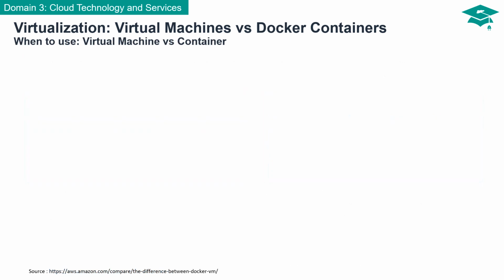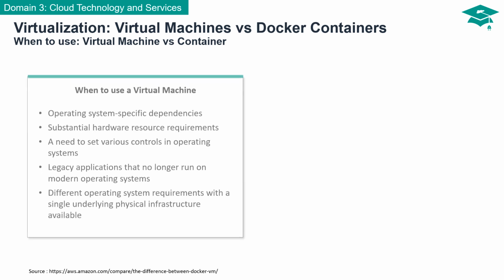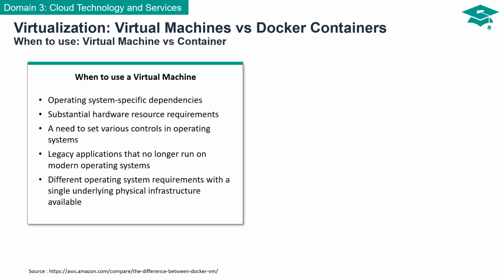So, when do you use a virtual machine versus a container? Below are some key factors to consider and the practical applications when choosing between virtual machines and Docker containers. If your application has specific dependencies tied to a particular operating system, using a virtual machine with the desired OS may be necessary. For workloads that require significant CPU, memory, or storage resources, virtual machines can provide the necessary isolation and dedicated hardware.